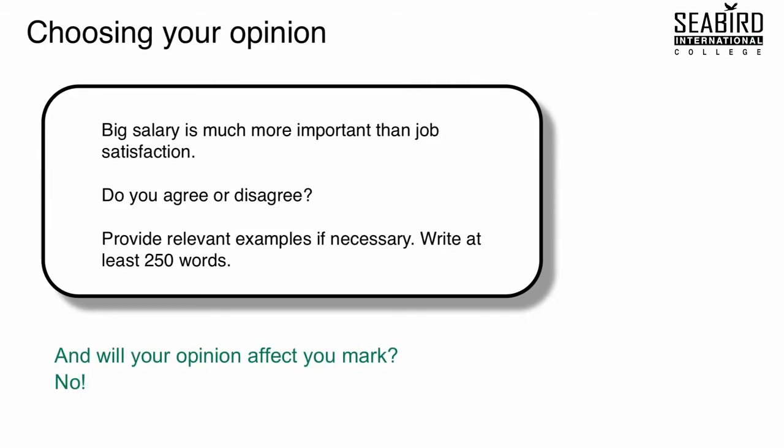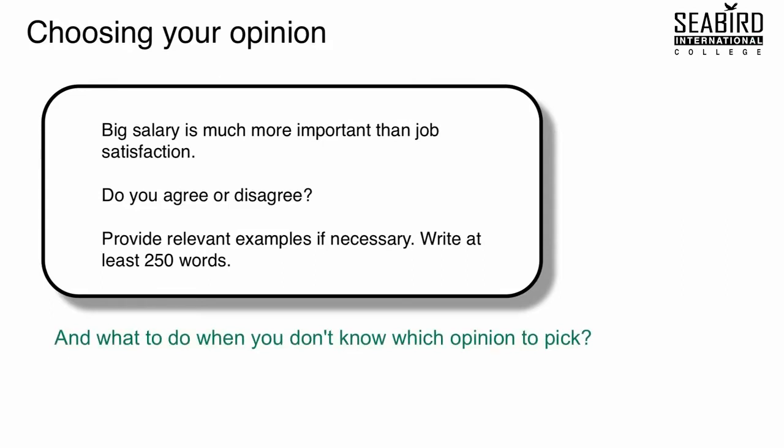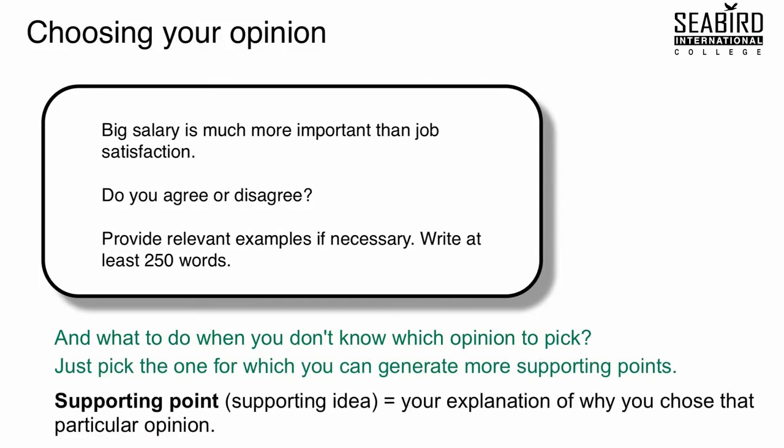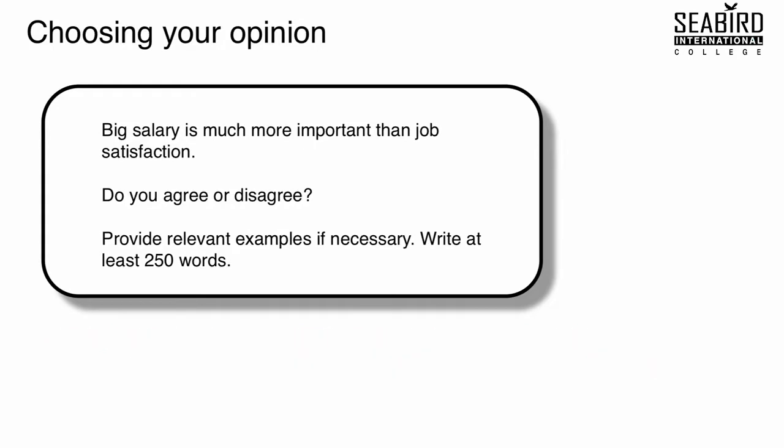No. While you don't use fancy language or write some very bad things, your opinion doesn't matter to the examiner. And what to do when you don't know which opinion to pick? Just pick the one for which you can generate more supporting points. Supporting point, or supporting idea, means your explanation of why you chose that particular opinion.